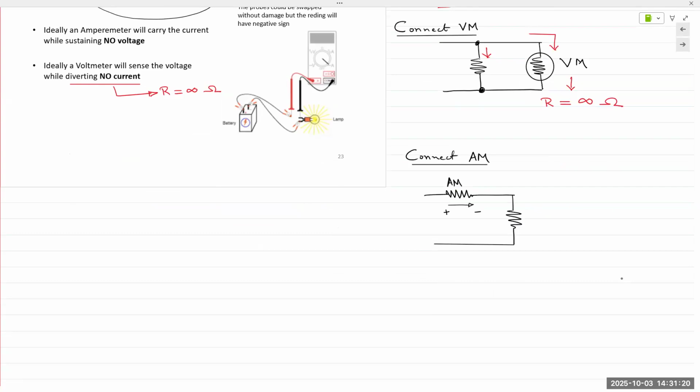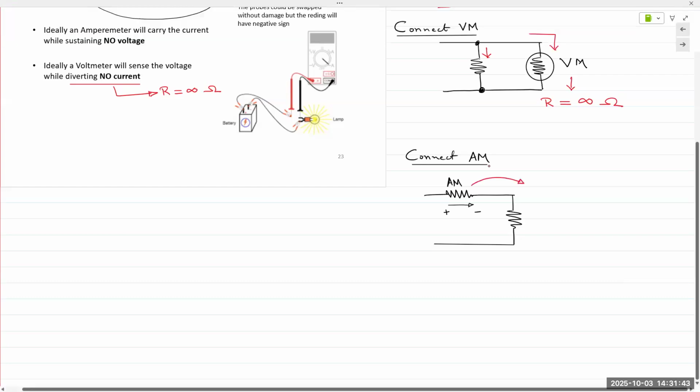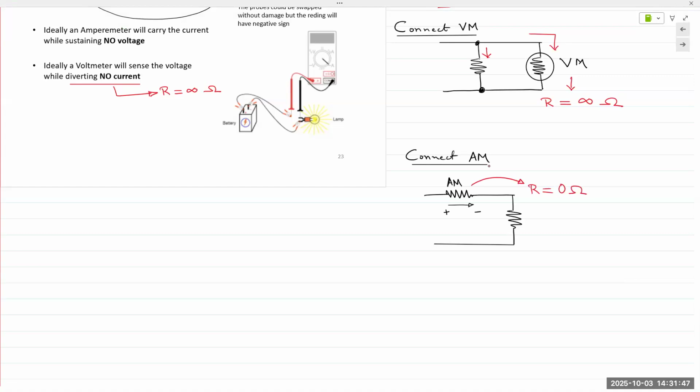But now what have we done? We have inserted a resistor in series with our load resistor, and that's not desirable. We don't want it to drop any voltage, right? We want that resistance to be as low as possible. So in ideal ammeters, we want that resistance to be 0.